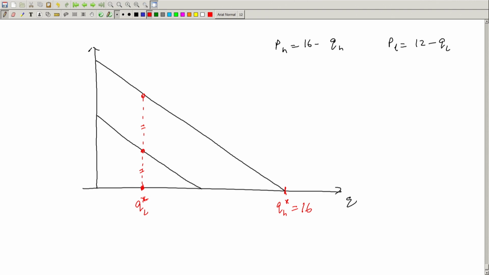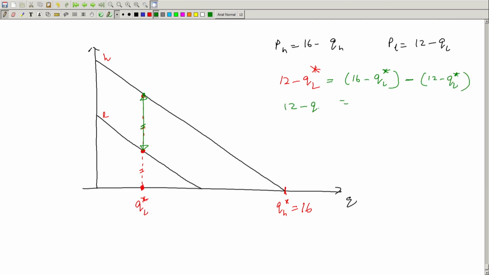So, what is QL star? Well, this gap which is 12 minus QL star, right, because this is the L type's demand curve, this is the H type's demand curve. So, 12 minus QL star equal to this gap here. Well, what is this gap? This is 16 minus QL star minus, this point is 16 minus QL star minus 12 minus QL star.